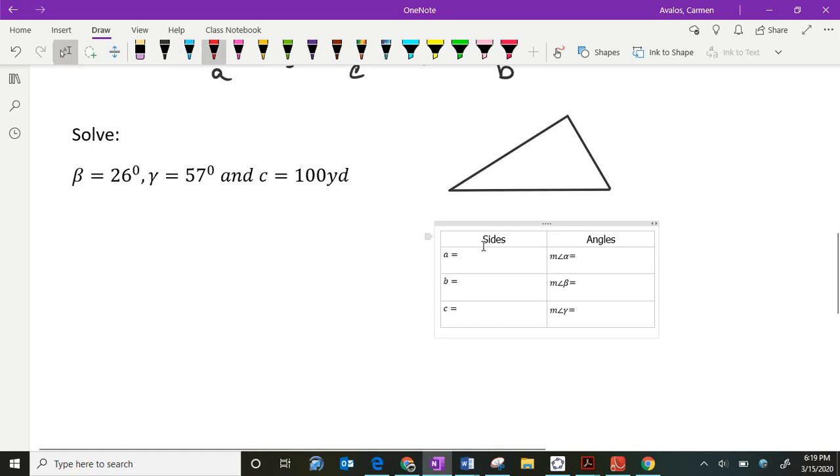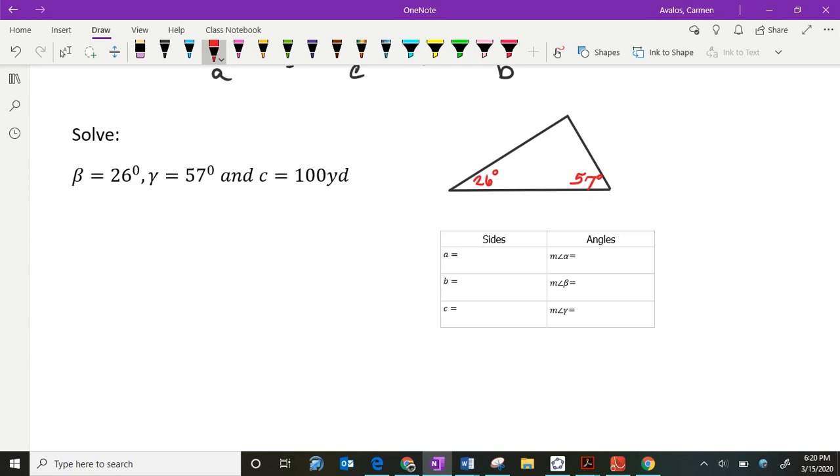So if I look at this and I am filling this in, it doesn't matter which one you consider to be your beta. If this is 26, this looks like the smallest angle, so I'm going to say this is 26. And then we're given gamma is 57, so this one here is going to be my other small angle. And then we're given that C is 100.